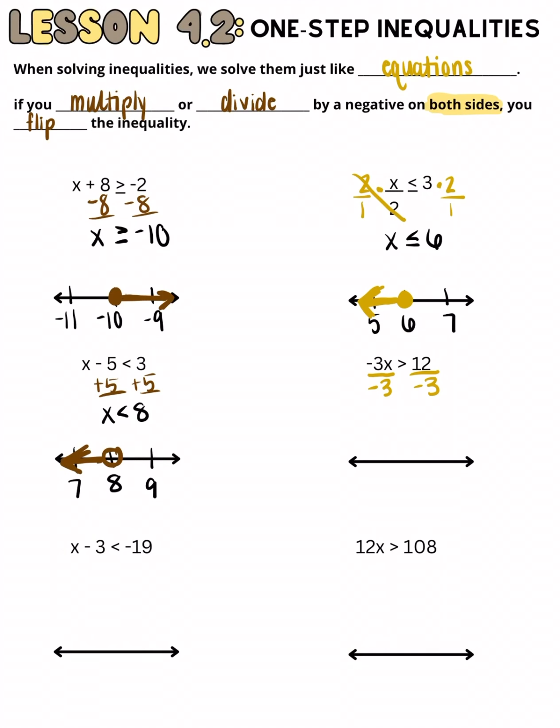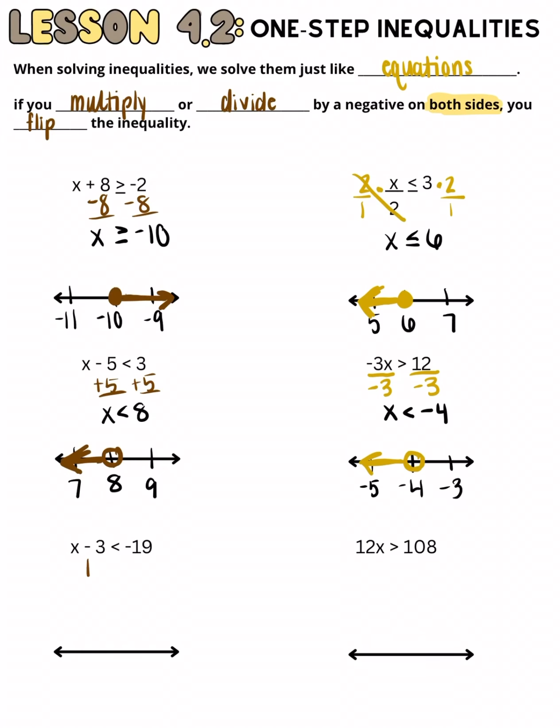Since the inequality was greater than, it's now less than, and 12 divided by negative 3 is negative 4. That's when we flip the inequality, when we're multiplying or dividing by a negative on both sides. That's going to be an open circle going to the left. Remember, it's only when you're multiplying or dividing by a negative on both sides.